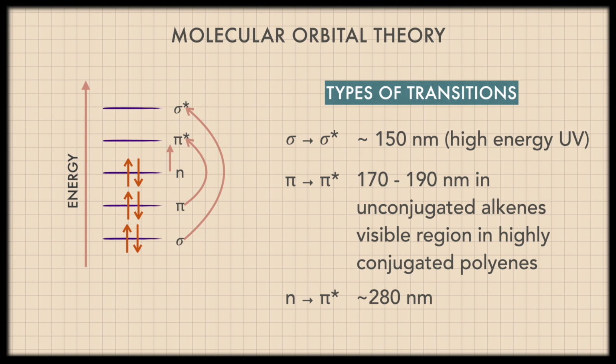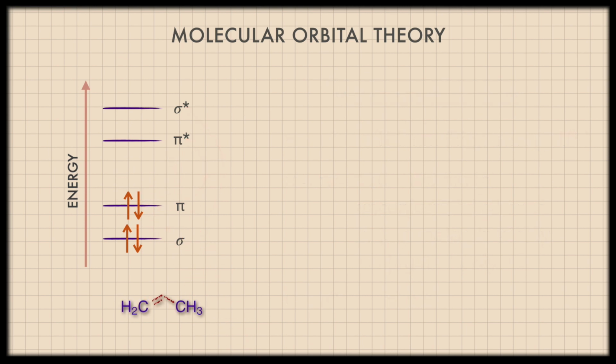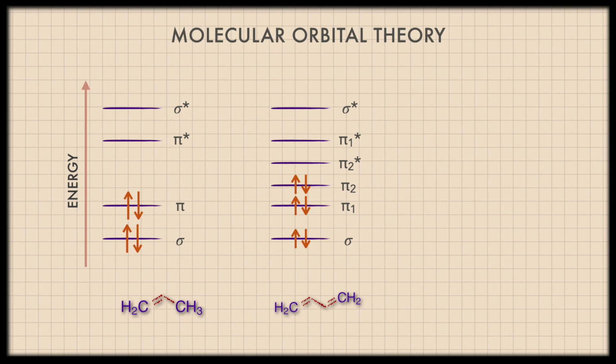Let's have a look at the same molecule from earlier. Here we have this molecule. What we will do now is ignore the sigma, because the sigma interactions are not that important for us. In UV-visible, it's mostly the pi to pi star or the n to pi star. Now if we look at these two molecules first, this one has only one double bond, this has two conjugated double bonds.